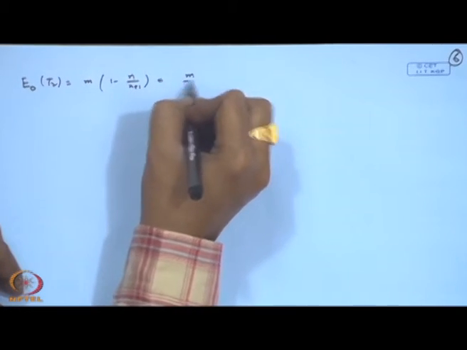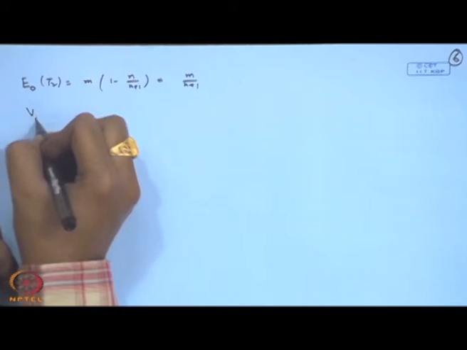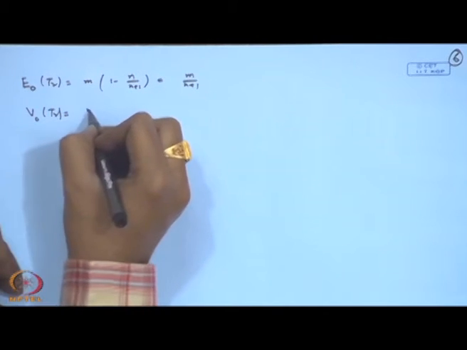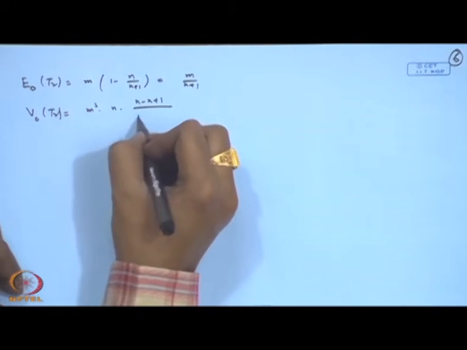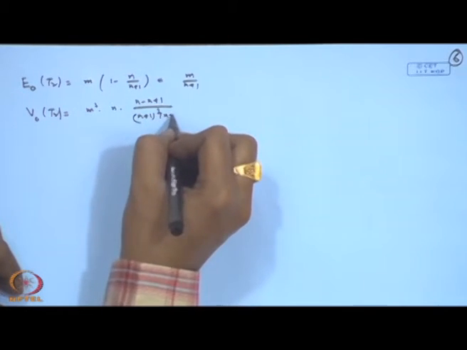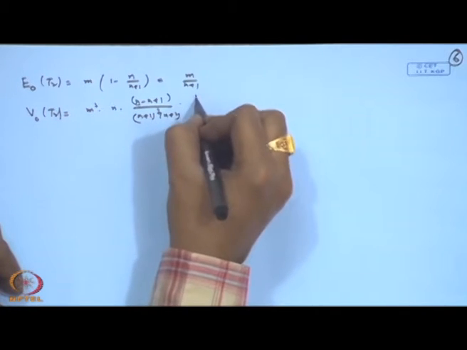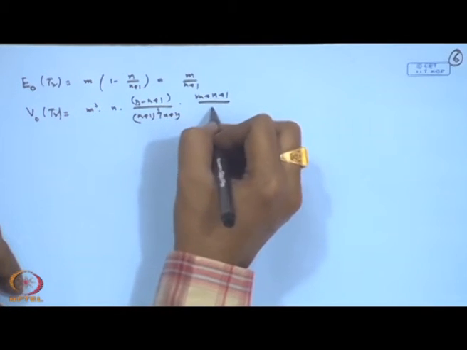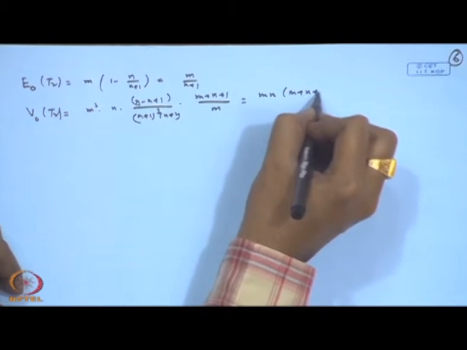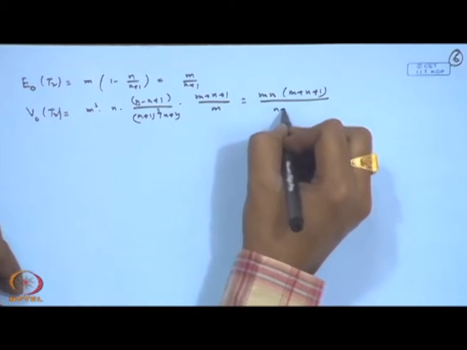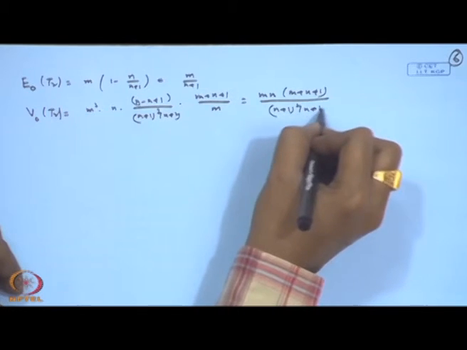The mean is equal to m by n plus 1. Variance of T2 is equal to m square n minus n plus 1 divided by n plus 1 square into n plus 2, m plus n plus 1 by m, that is equal to m n into m plus n plus 1 divided by n plus 1 square into n plus 2.